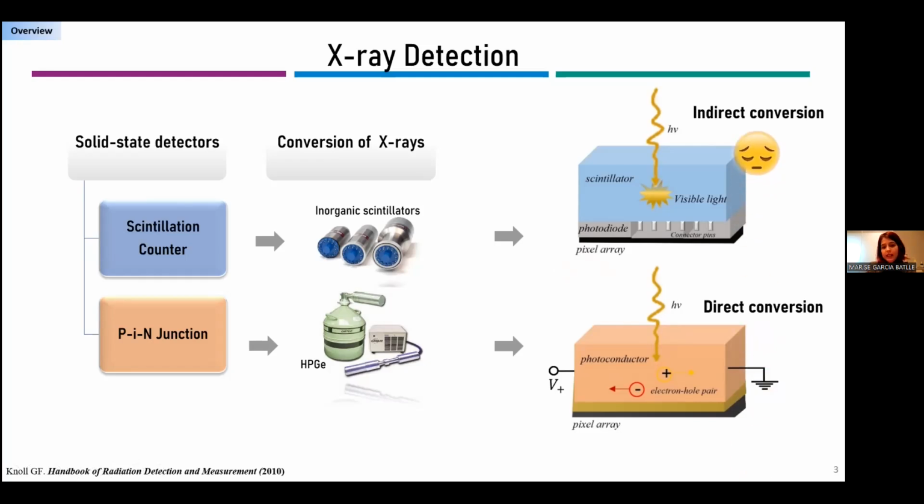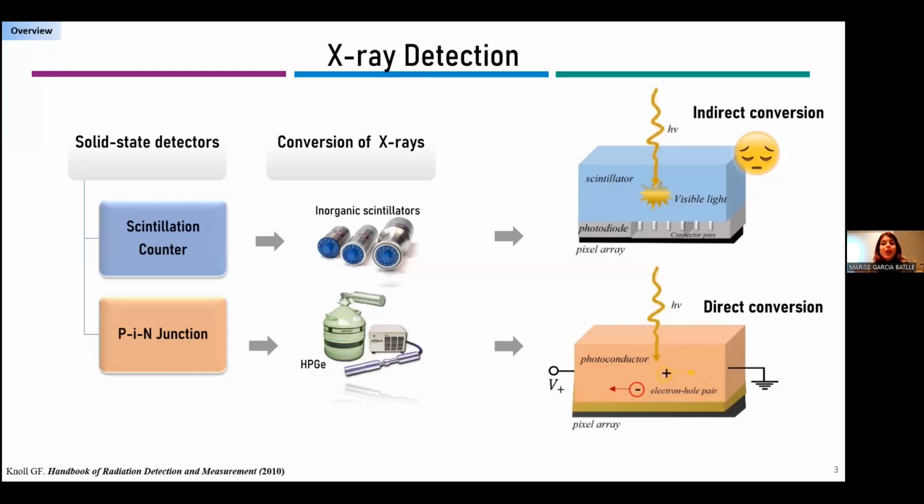Both technologies are used nowadays, but we found some disadvantages or drawbacks in the use of scintillators, because in order to absorb X-ray, we need to use thick layers, but in order to avoid optical crosstalk, we need to use thin layers.